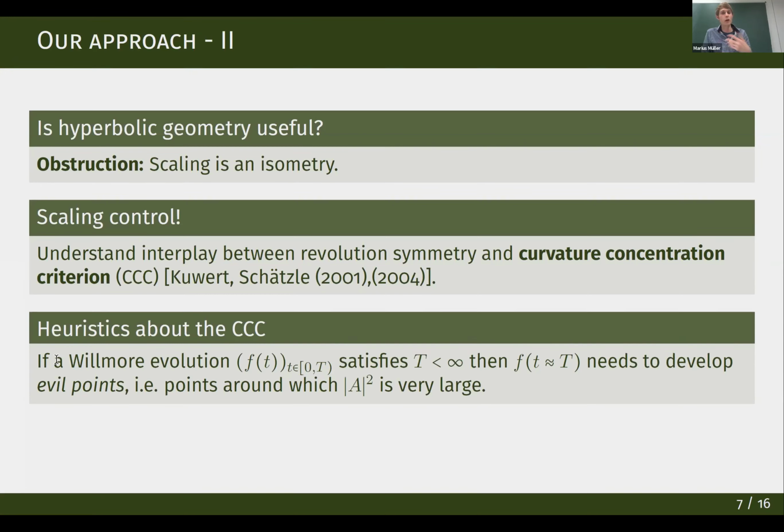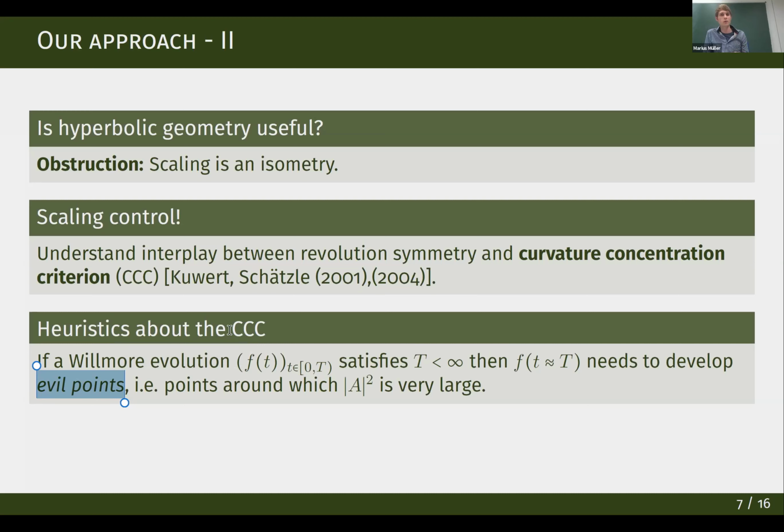If you have a Willmore evolution up to a maximal time T, which satisfies that T is less than infinity, so let's say it exists for only finite time, then we need a singularity at the singular time, and the singularity will be in the form of evil points. This is what the curvature concentration criterion says.